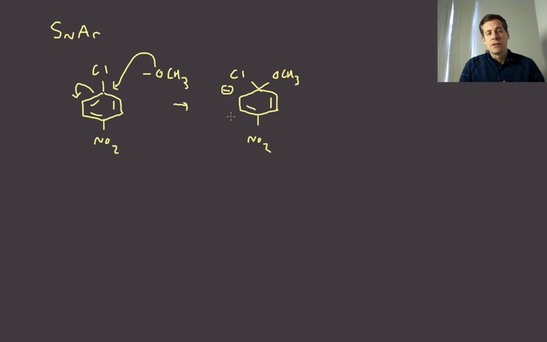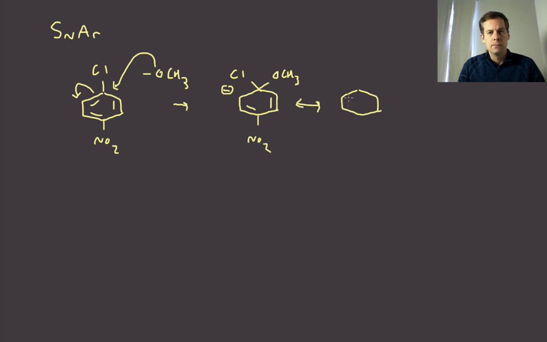Now a carbanion isn't necessarily all that stable typically. We wouldn't usually expect a base like methoxide to generate a carbanion, whether by deprotonation or nucleophilic substitution. But in this case, it's not just any carbanion, it's one that can be resonance stabilized to a significant degree. So let's look at the resonance forms for this intermediate.